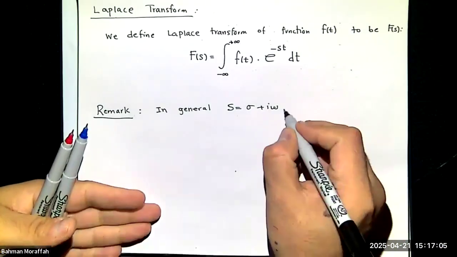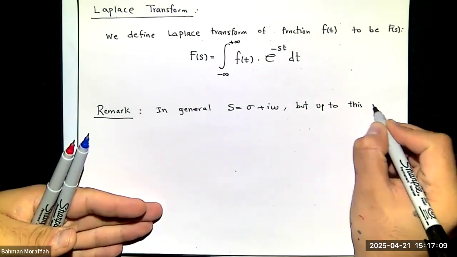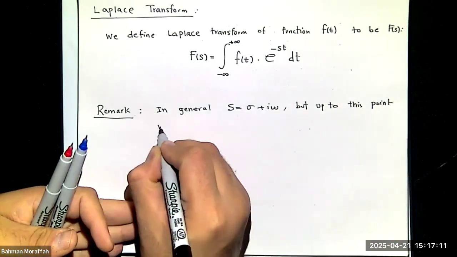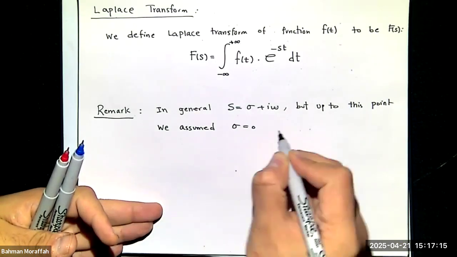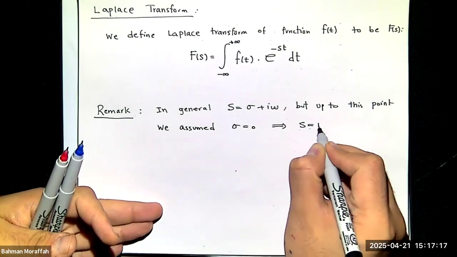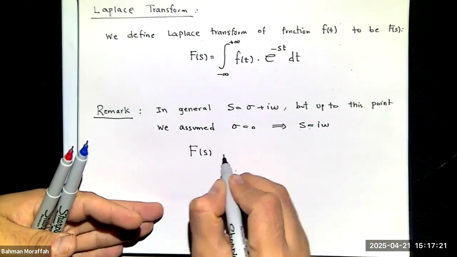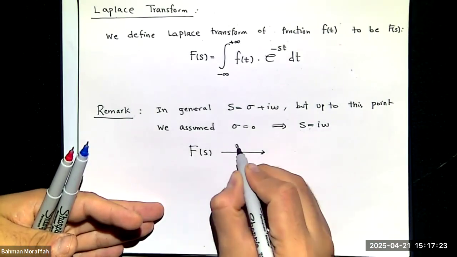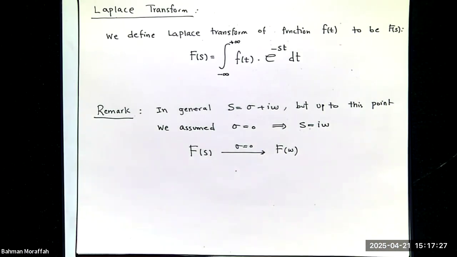But up to this point, we assumed sigma is 0, and therefore s is i omega. So if I have F of s, I can always assume the real part is 0, and I get F of omega.